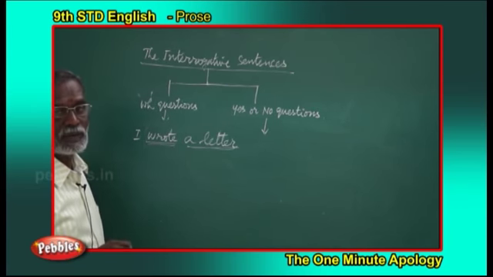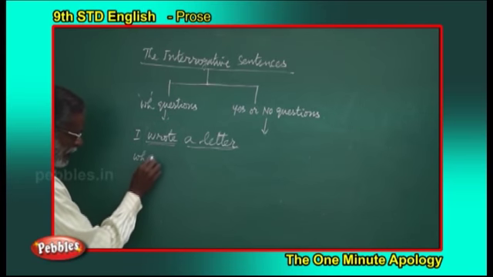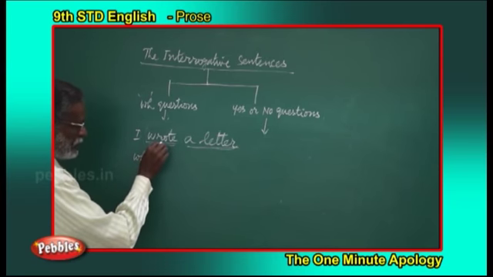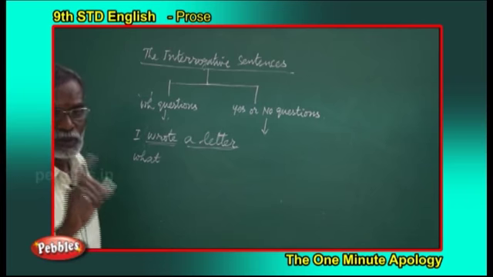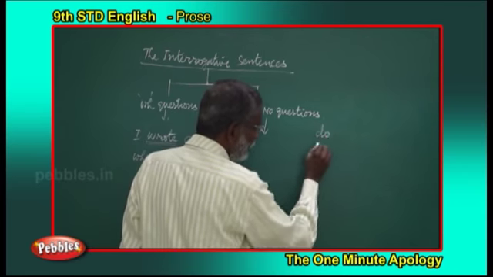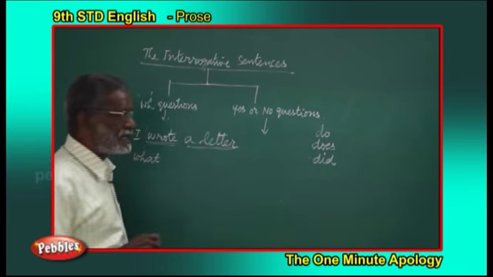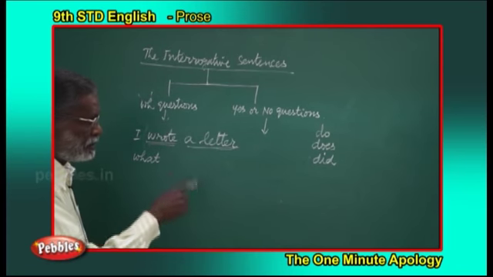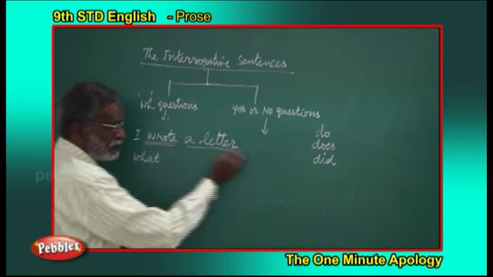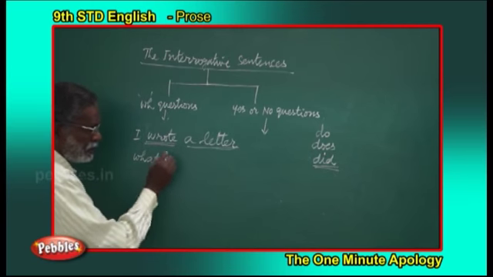So what will you do for this? Let us write the question word, what, since it is an object. And wrote, we have to split it into two using the do family. In the do family, we have do, does, did. We have to use these three. Since it is past tense, we have to use did.